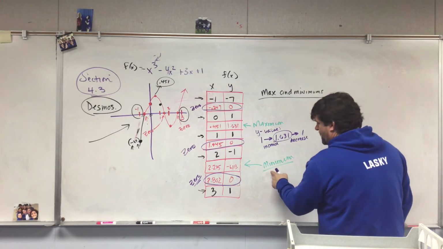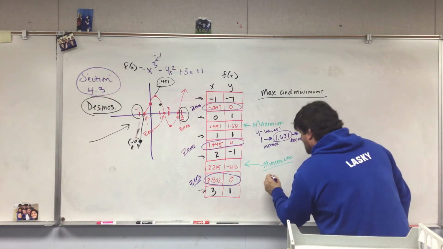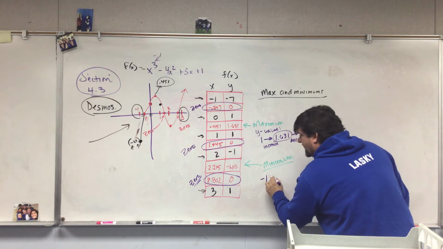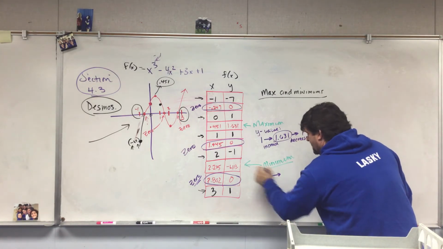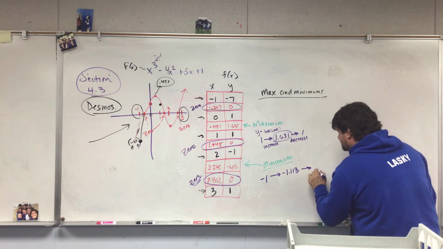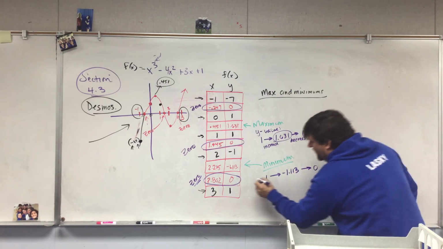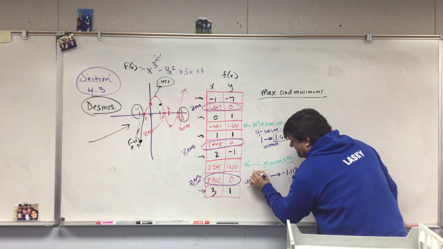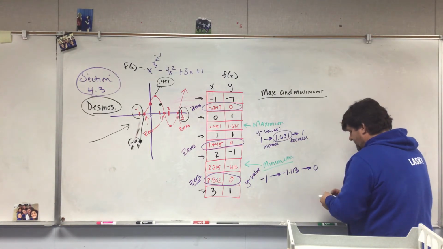Same thing here for our minimum. Our minimum, I have -1, and it goes to -1.113, and then it goes back to 0. This is my y value. So what happens here?